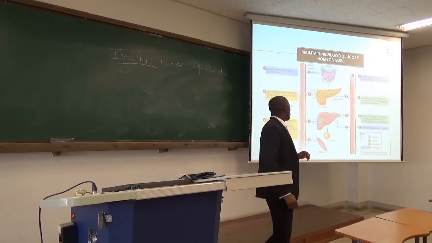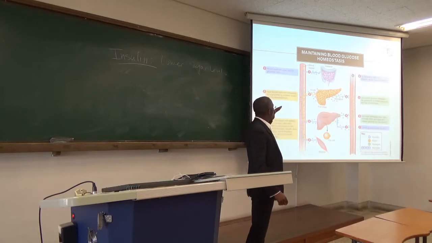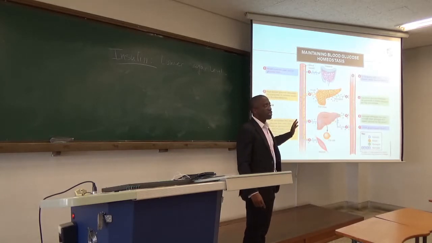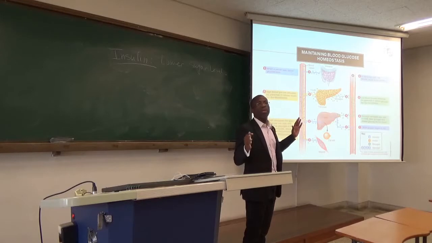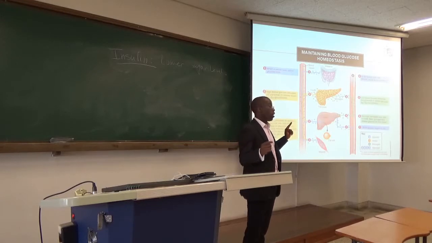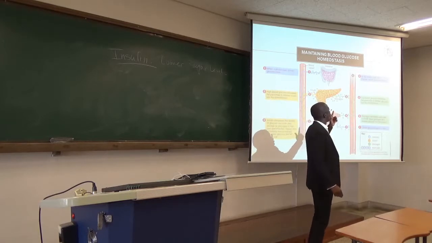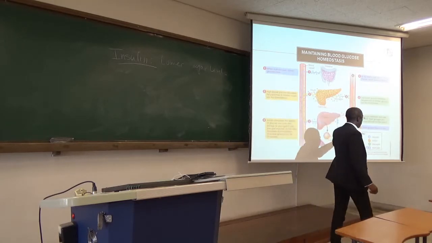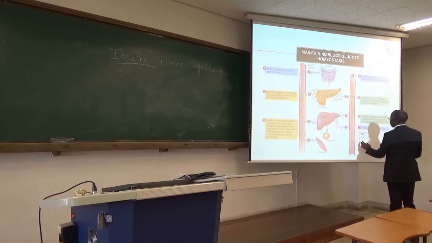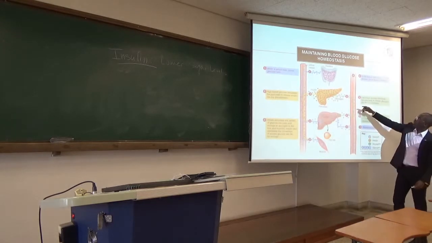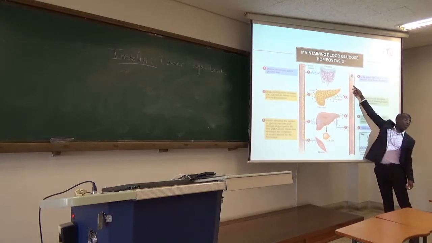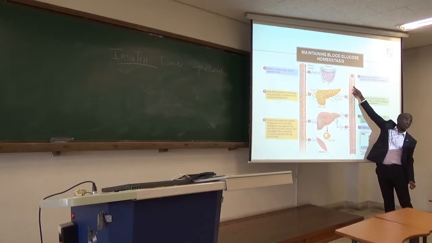So now, when the sugar moves to these different places, everything is okay. But it may happen that, if you look at the southern part of the picture, the sugar level is now very low.